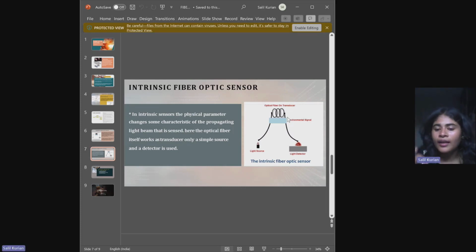So I think an intrinsic fiber optic sensor is something where we don't have to give an external source. Instead, by nature, it changes itself while transmitting light at different refractive indexes.